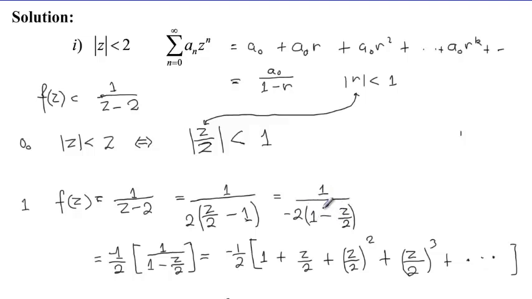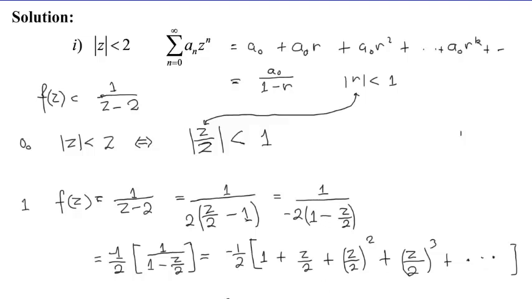Now, grouping this conveniently, we had minus 1 over 2 here, and what we have here is exactly the form of the sum of a geometric series a0 over 1 minus r, where in this case our a0 is 1 and our r is z over 2. Then we simply expand the inside square brackets as is given there in the geometric series. Then we have got our required power series satisfying the given conditions. That is the first example.